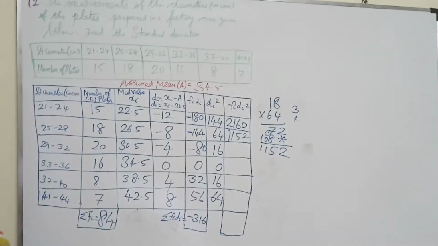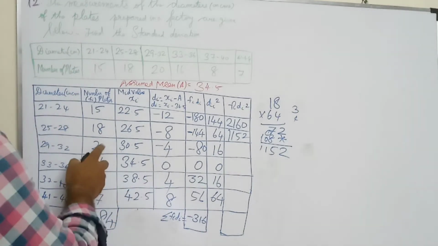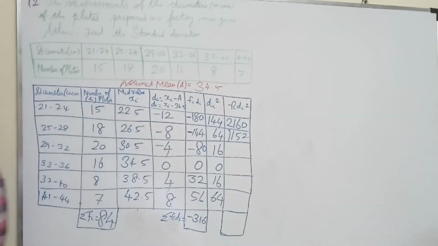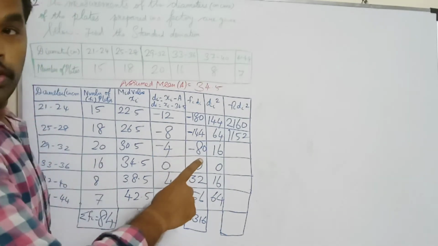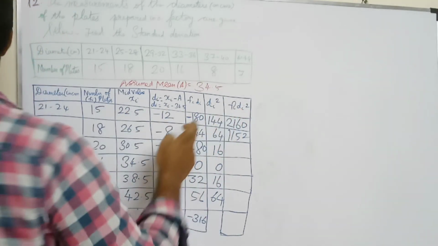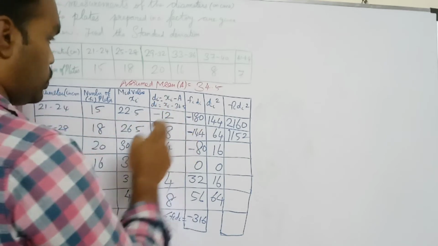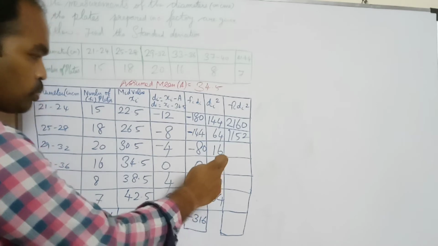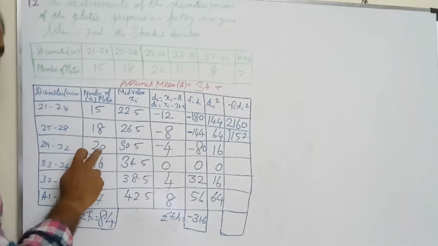The next one is 20 into 16. We need to do the calculation correctly. That is, Fi di square. This is Fi. Di square is this one. Fi is 20.